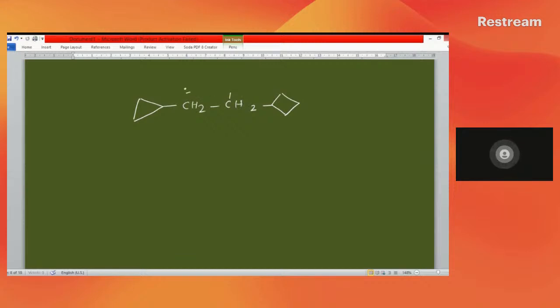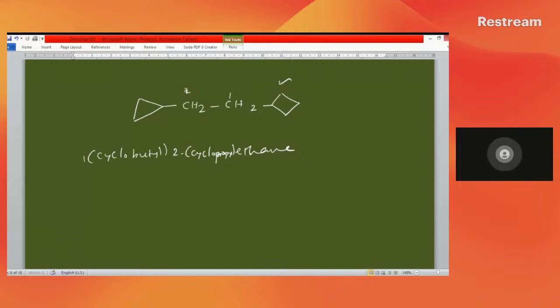This is position 2. The ring has 4 carbons. So the parent chain is ethane. So we can say the first position is cyclobutyl. In the second position, you can find cyclopropyl.